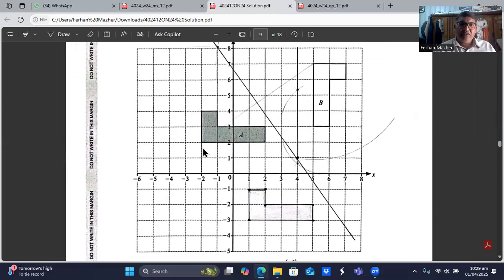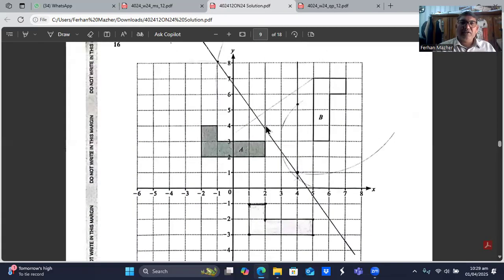So join them, and I will draw the perpendicular bisector. I'll put my compass here. I will draw an arc here, and an arc here. Then I will put my compass here. I will draw an arc here, and I will draw an arc here.